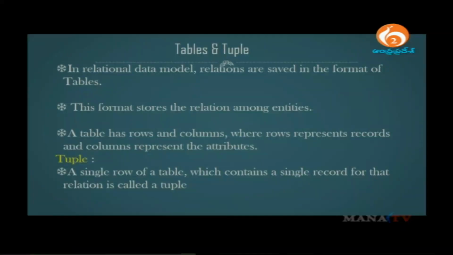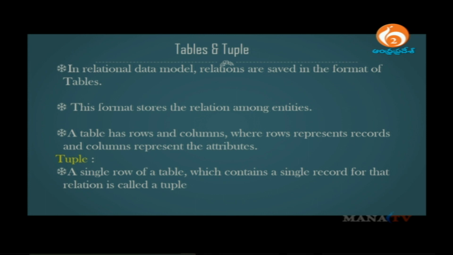Okay. Now let me tell you in detail about this. Okay. Now let me show you the slide again. Alright. Tables and tuples. In the relational data model, relations are saved in the format of tables. The format stores the relation among the entities. A table has rows and columns, where the rows represent the records and the columns represent the attributes.